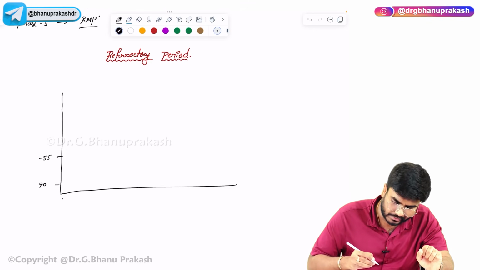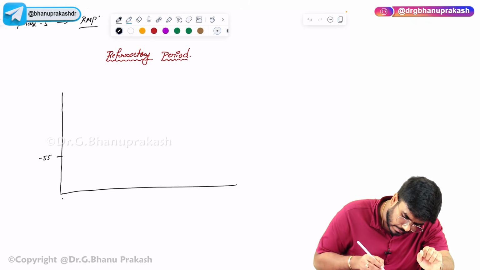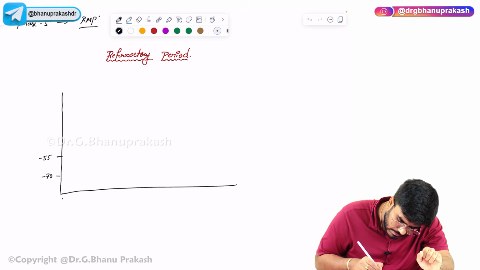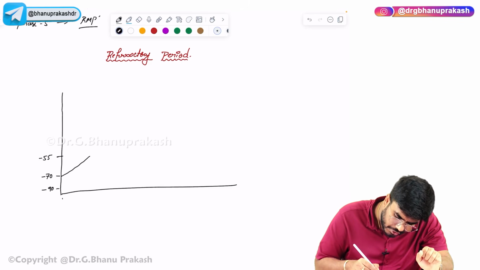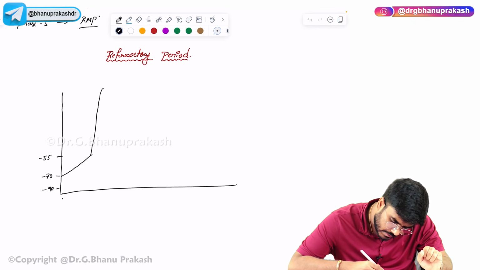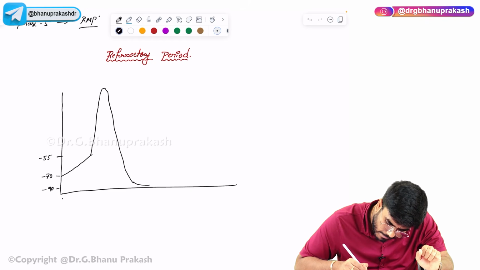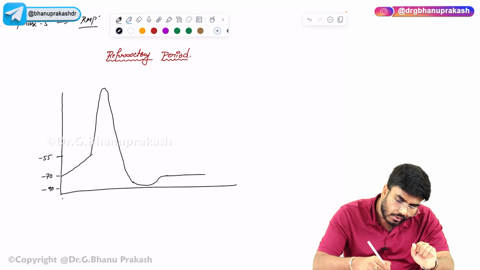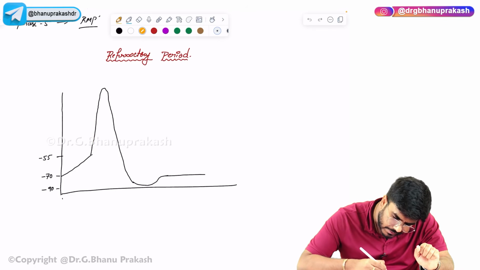Let me draw minus 70 here, minus 90 here. From resting, it is going to threshold. After that, there is depolarization and repolarization and a little bit of hyperpolarization also, again coming back to resting membrane potential.